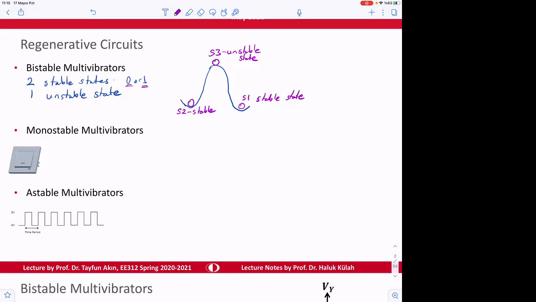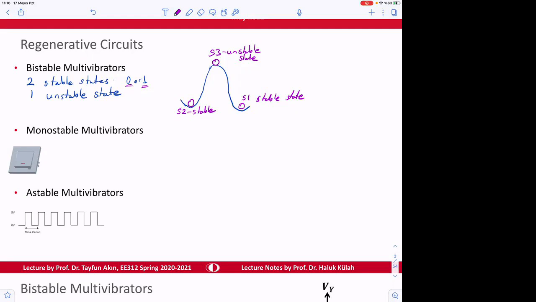From 1 to 0, we can switch the output. So this could be a memory case, for example, and then we switch from 0 to 1. But how can we do this? We will be learning how we can do this with the circuits that we will be analyzing.